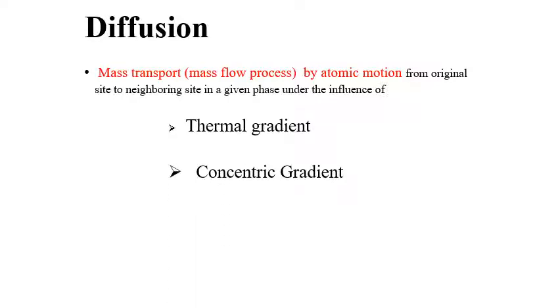Now what we are talking about is atomic diffusion, where there is a concentration gradient. Means the concentration of the atoms is high at some point, and they want to distribute themselves uniformly within a prescribed boundary. If there is a concentration gradient, then the atom can move from one position to the other.